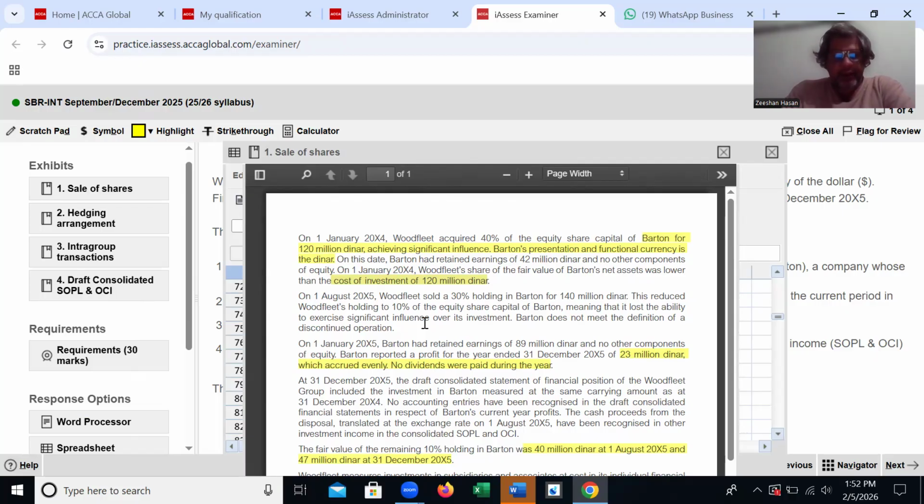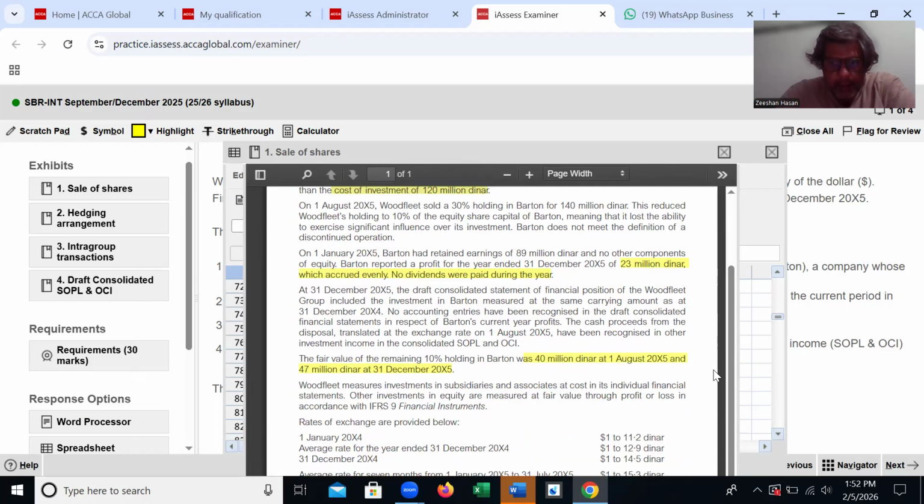Barton does not meet the definition of a discontinued operation.